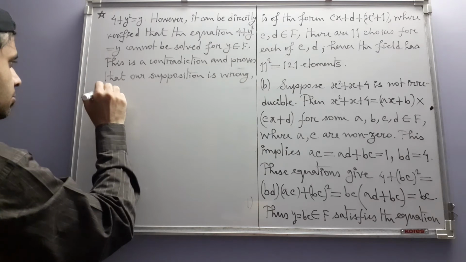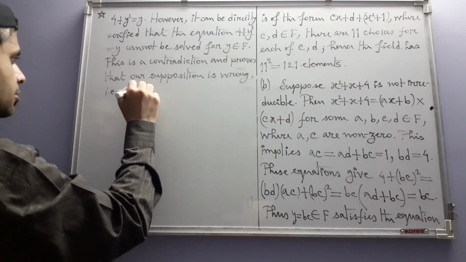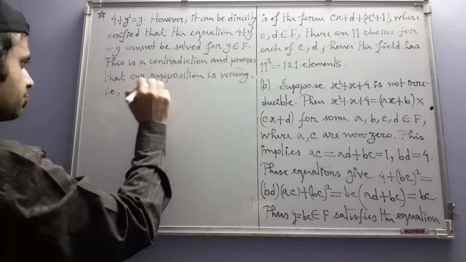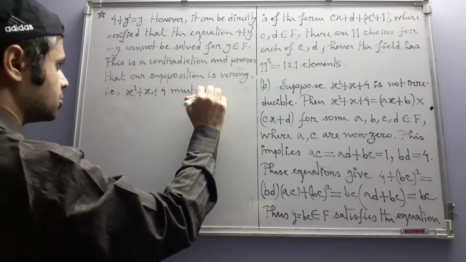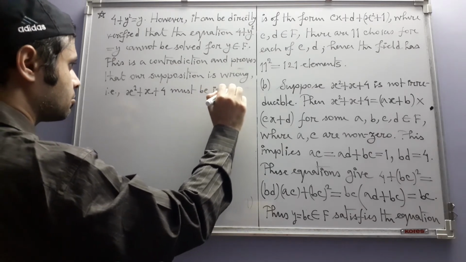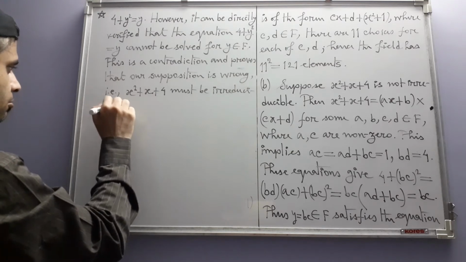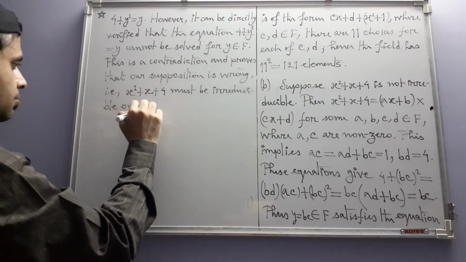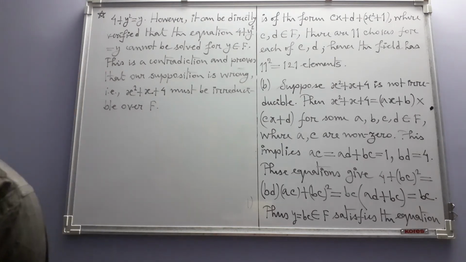That is, x square plus x plus 4 must be irreducible over F. Okay, now before I proceed any further, let me put some ink.